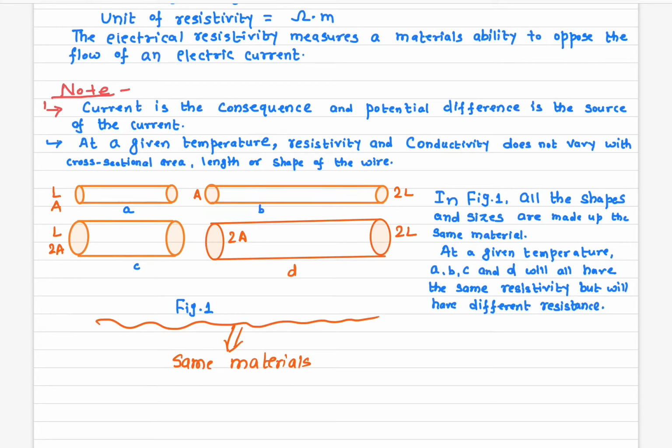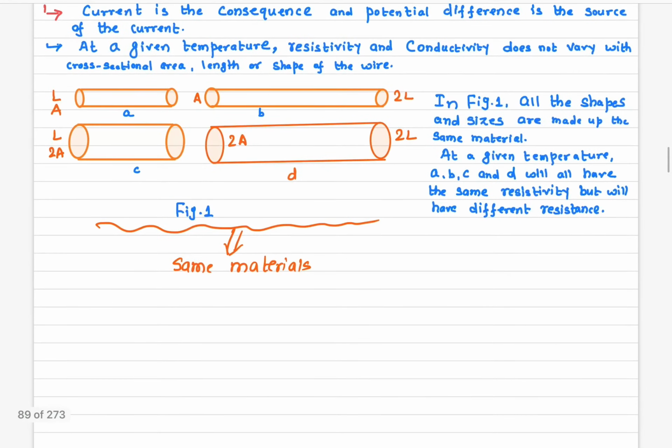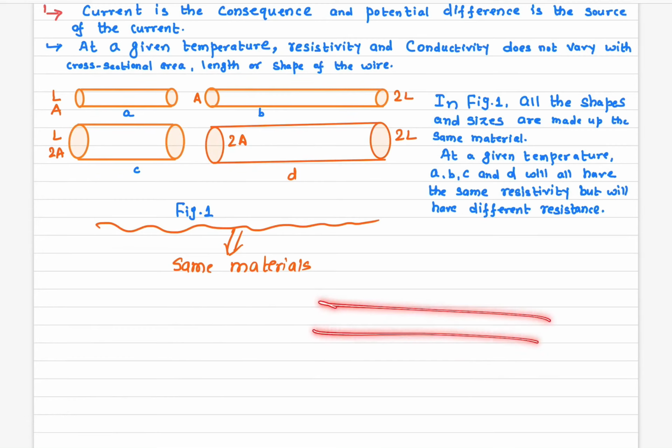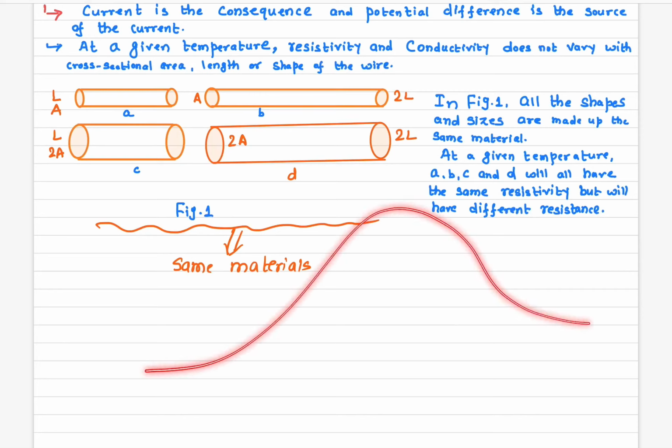Okay, and the resistivity and conductivity do not change with the cross-sectional area. As I mentioned before, resistivity and conductivity are the material's property. It doesn't matter what your material looks like. It might be a perfect cylinder, or it might be some haphazard or weird shape.